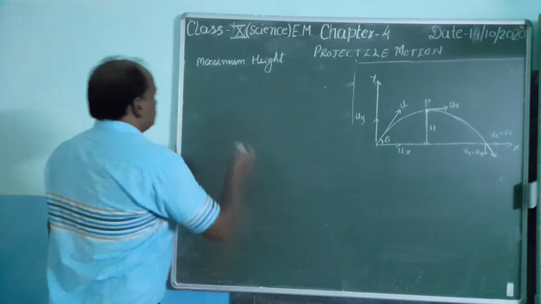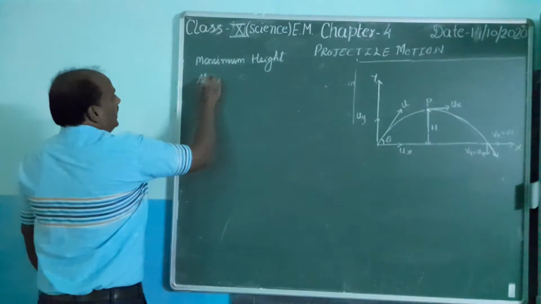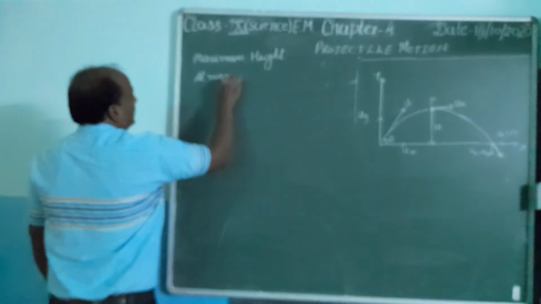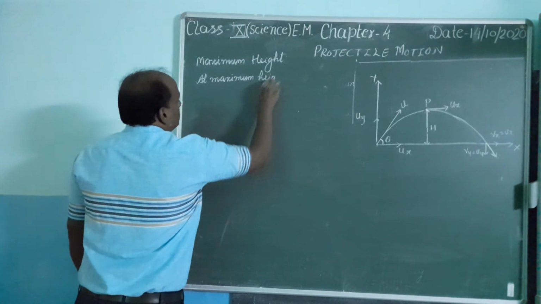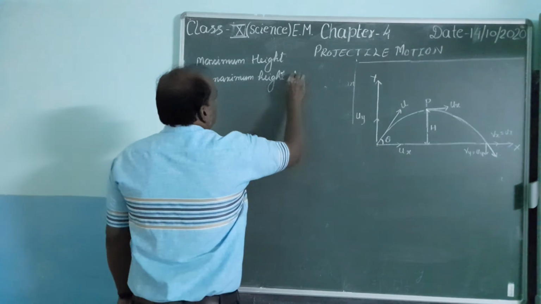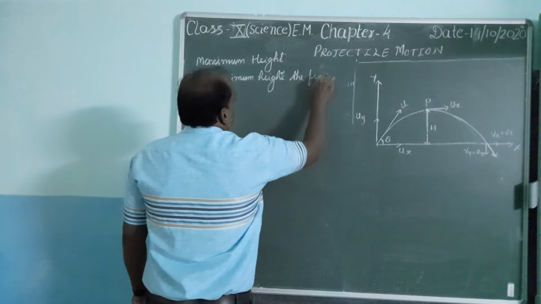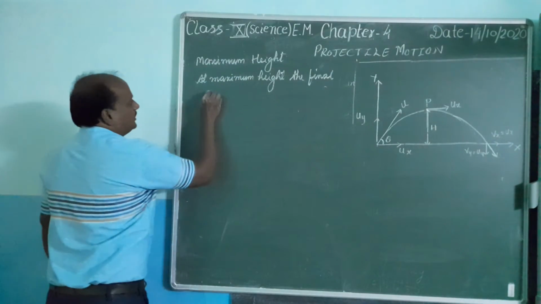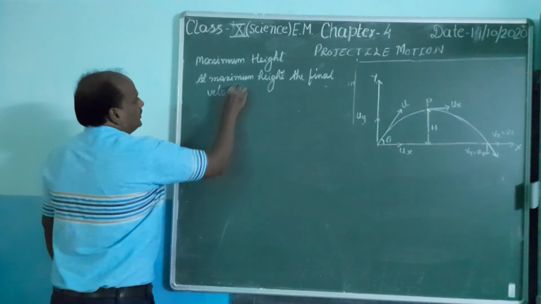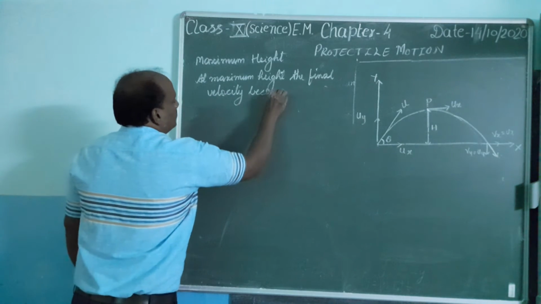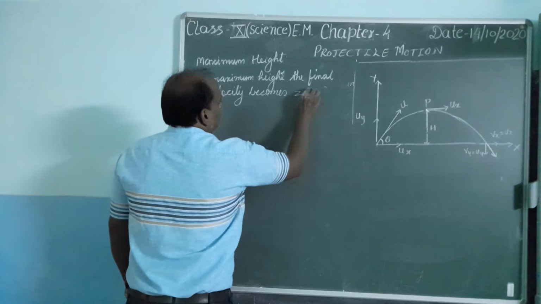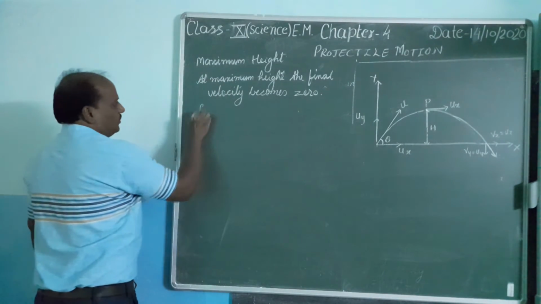So at maximum height the final velocity becomes 0.